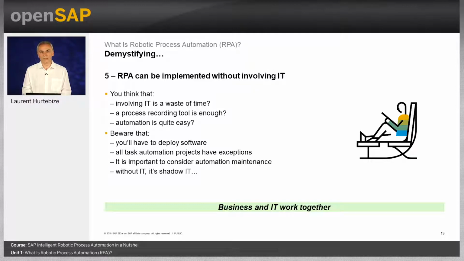Right. Just beware that it's mandatory to install software or even a server. Plus, beyond the standard cases, there are always exceptions to be taken into account, at the beginning or after a first example of use, as part of the maintenance of the automation cycle.